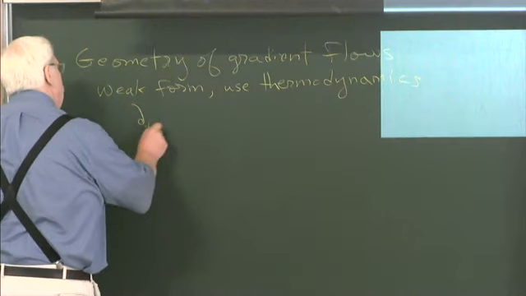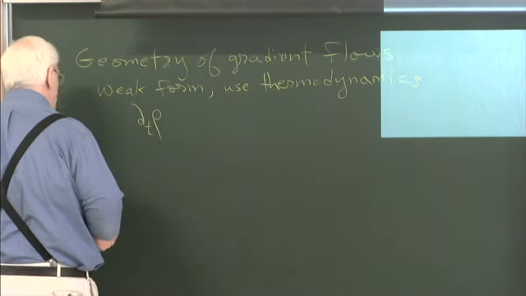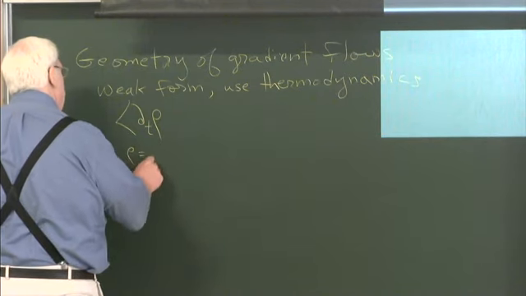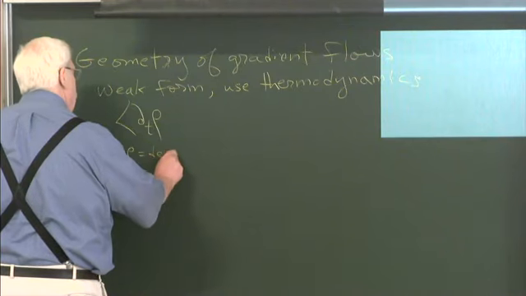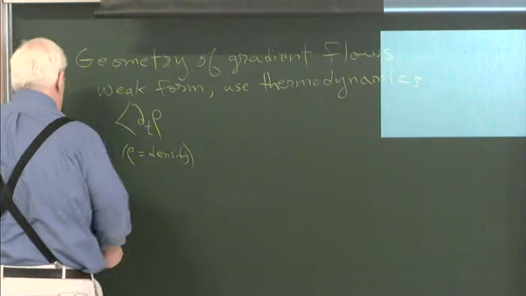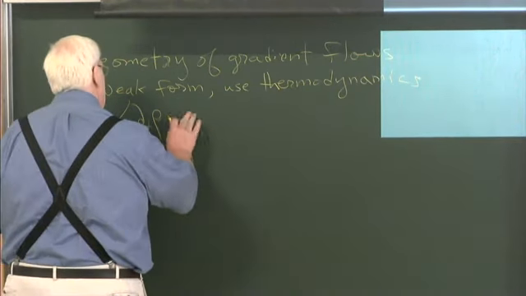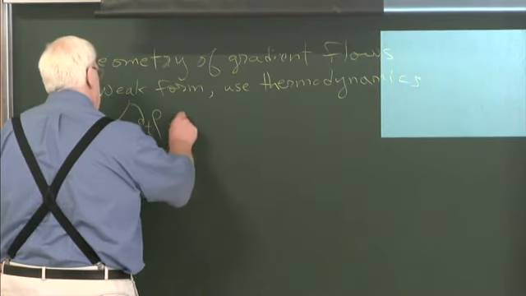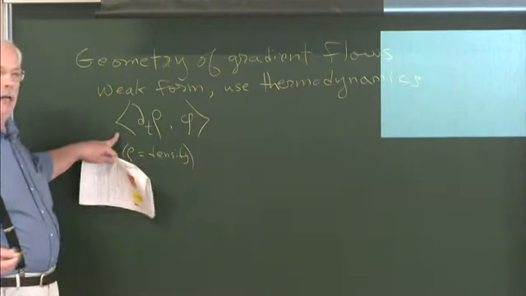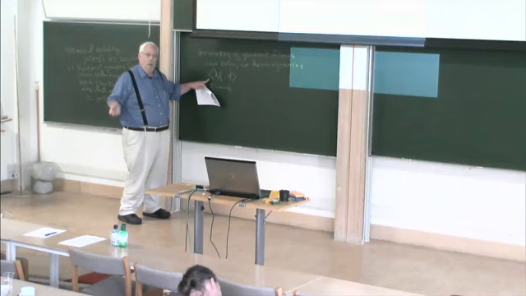d by dt of a quantity rho, when rho is a density, in this case, is paired with some smooth function phi, and this will be L2 pairing, multiply, integrate.